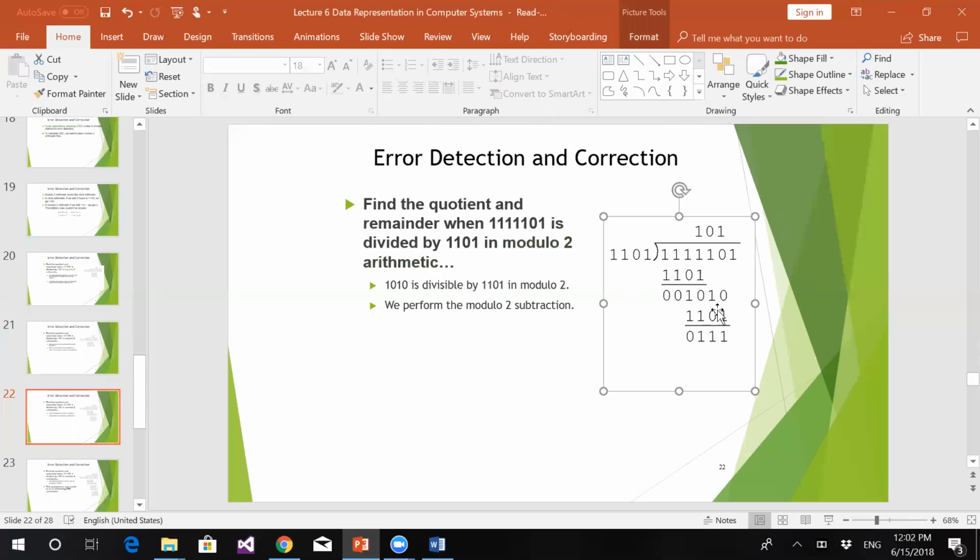And actually in between all these steps, we are going to use modulo 2 arithmetic. So we get the result 0, 1, 1, 1 here. The method that is performed here is modulo 2 subtraction.